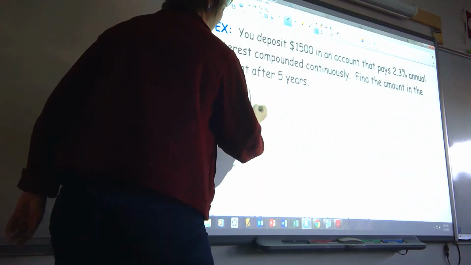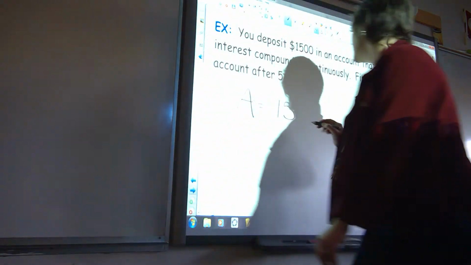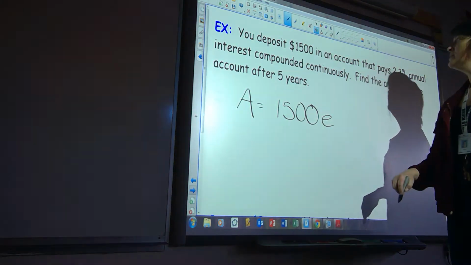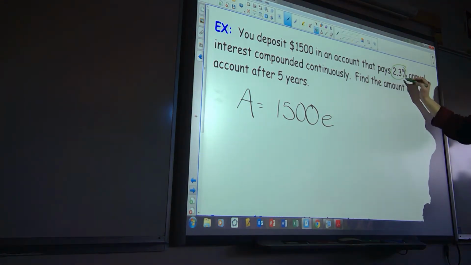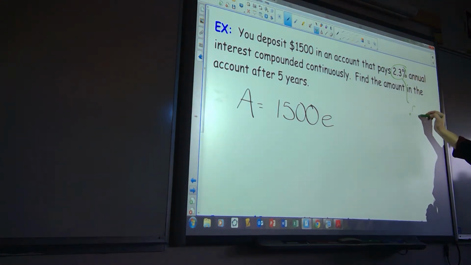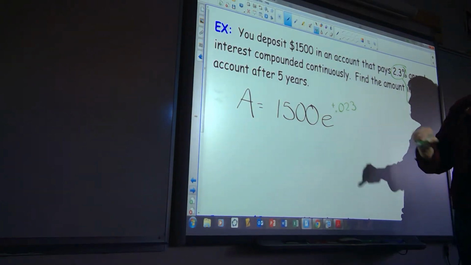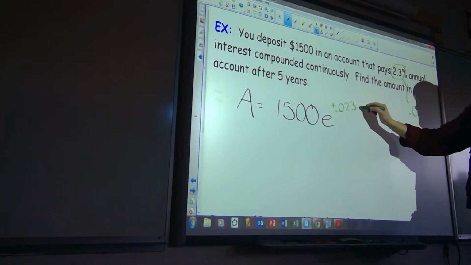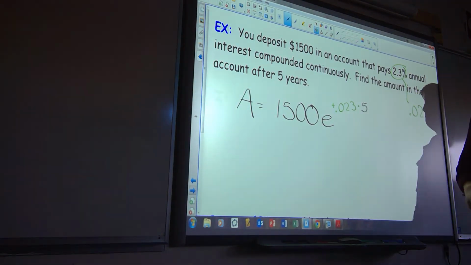So A is 1,500 as our original amount, base e, r is going to be 0.023. This is growing, so it's positive, 0.023 multiplied times 5 years.